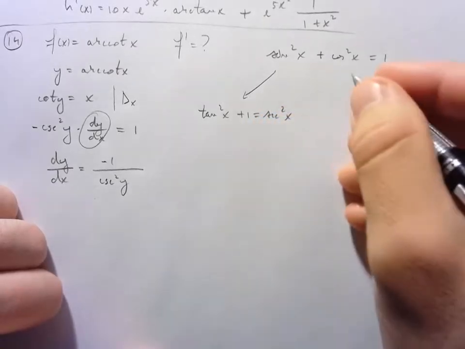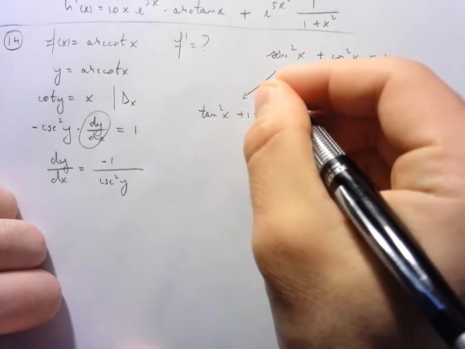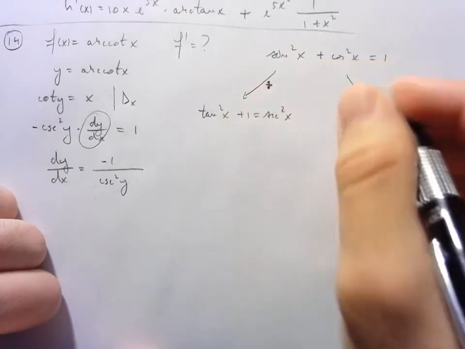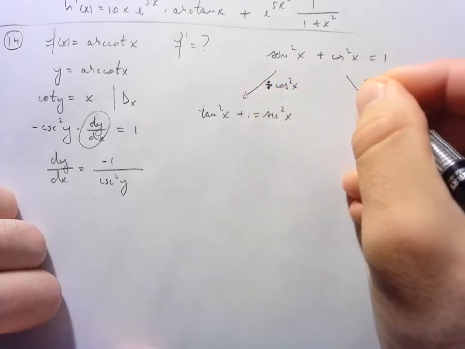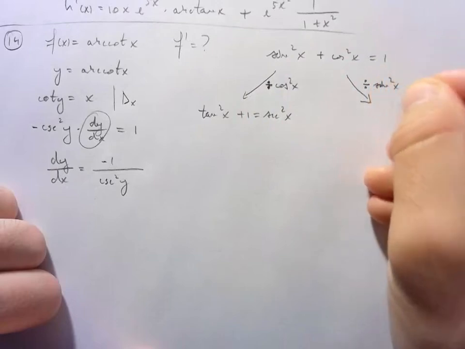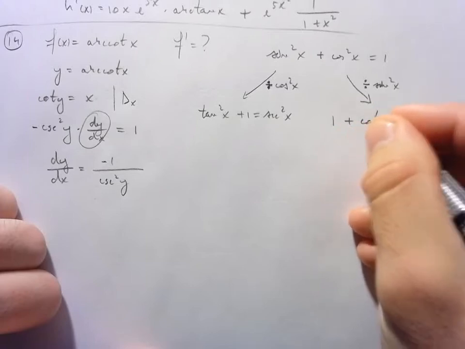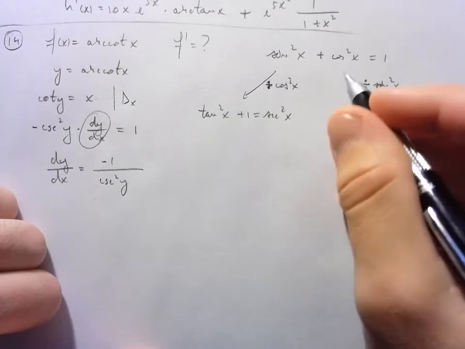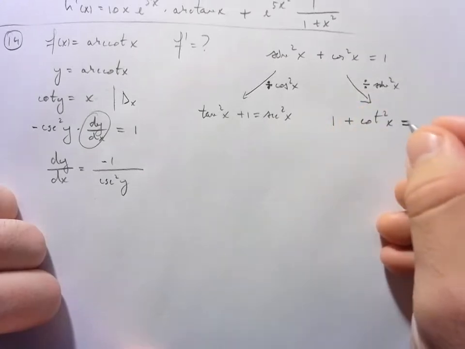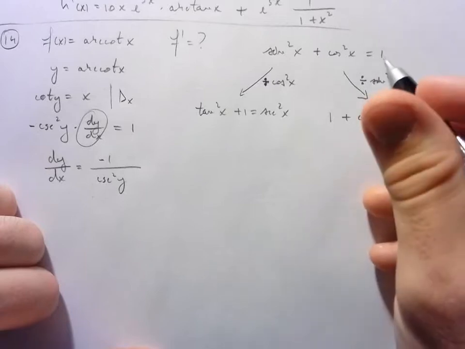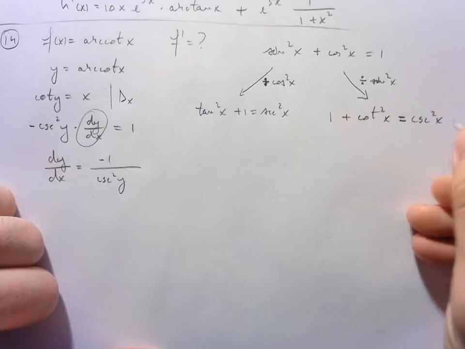But that's not the identity that I'm looking for. I'm looking for the other one where I divide by sine squared. So now I end up with 1 plus cotangent squared of x, because I end up with cosine over sine, which is cotangent, equals 1 over sine squared, which is cosecant squared of x.